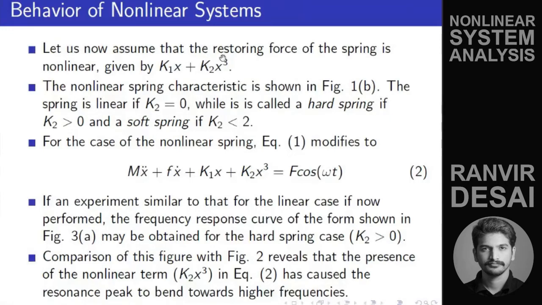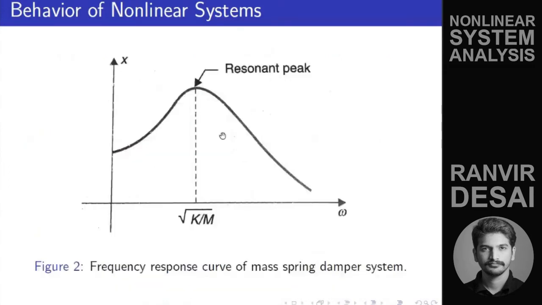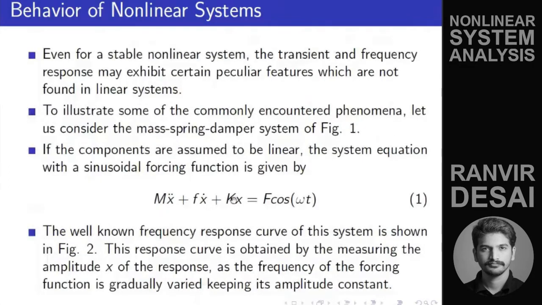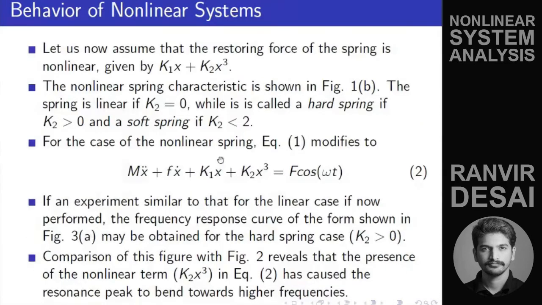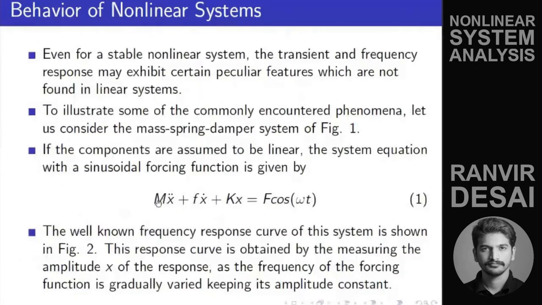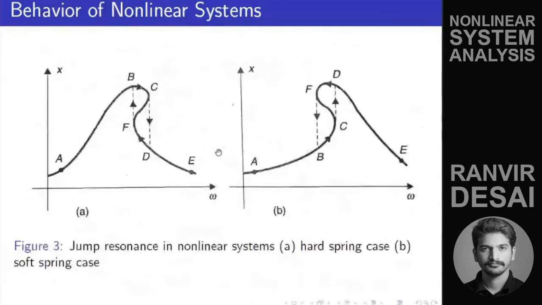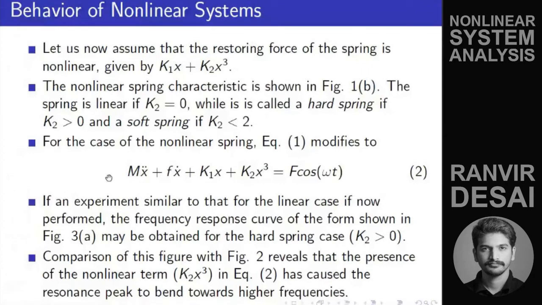So the cube of the distance is taken and multiplied with K2. Instead of this Kx term, the force exerted by that spring is K1 x plus K2 x cube. You can simply say that the system has become non-linear.